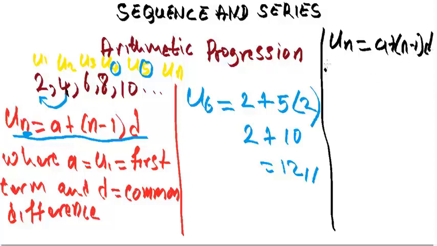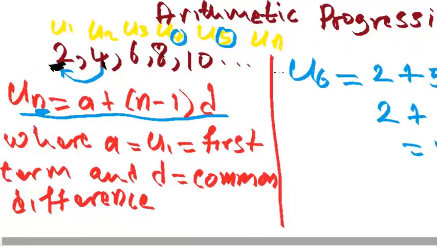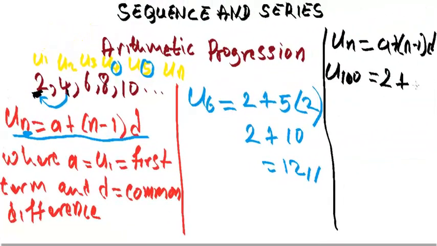So u100 is the 100th term, and that is equal to a, which is 2. That is the first term in our sequence here. Then plus n is 100, so 100 minus 1 is 99.